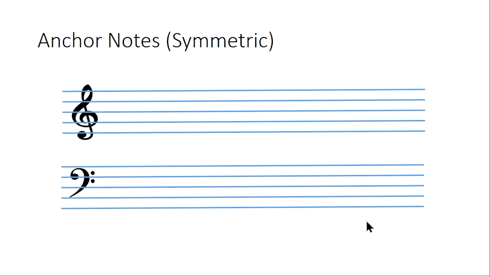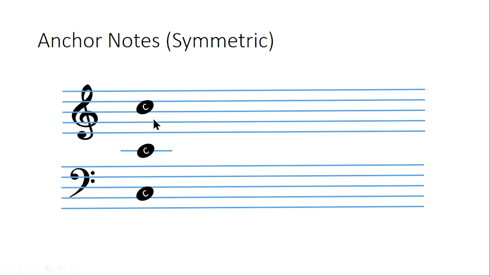So let's say I give you a piece of music. First, the middle C is right here. The one octave higher C is right there, and one octave below the middle C is right here. So you can see that it is symmetric around the center.